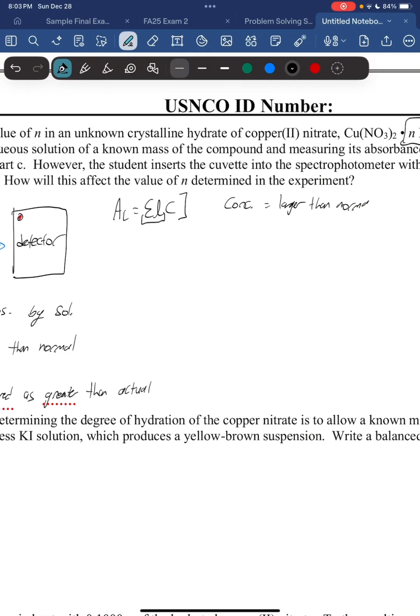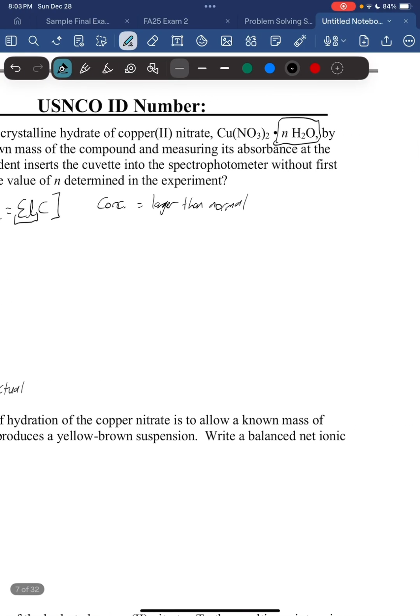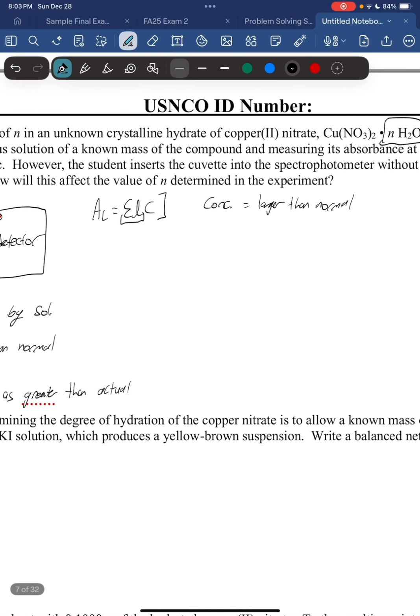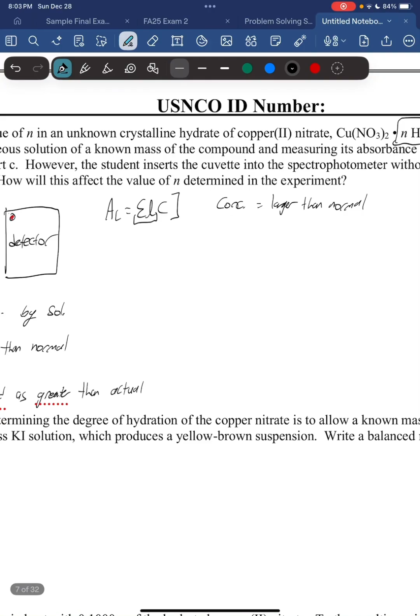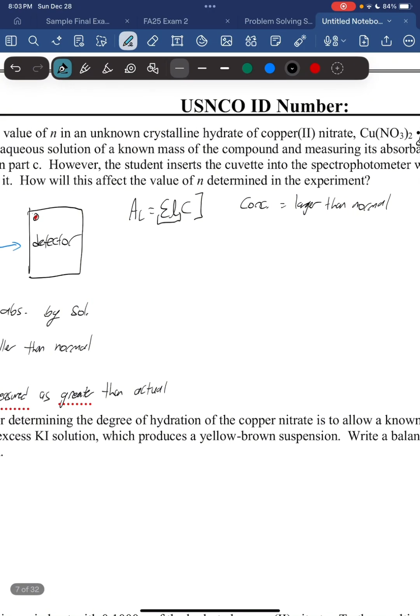So how do we use this to find how our N of H2O is affected? Well, we can determine the amount of moles, or at least estimate, we can give a characteristic to the amount of moles by saying that our molarity is equal to moles over our volume. Or moles per liter, more specifically.